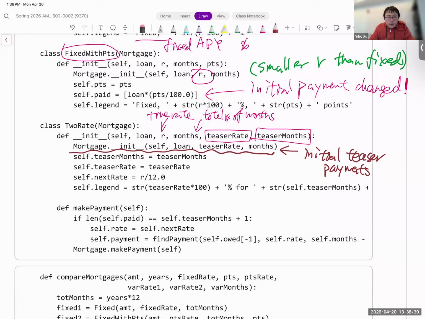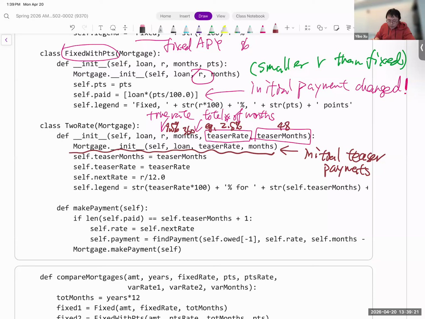So in terms of the code, if we go back, this is saying my teaser rate is, what's the number there? 2.5 for 48. So that example: 2.5%, 48 months, and then 9.5%. Thirty years is 360 months.